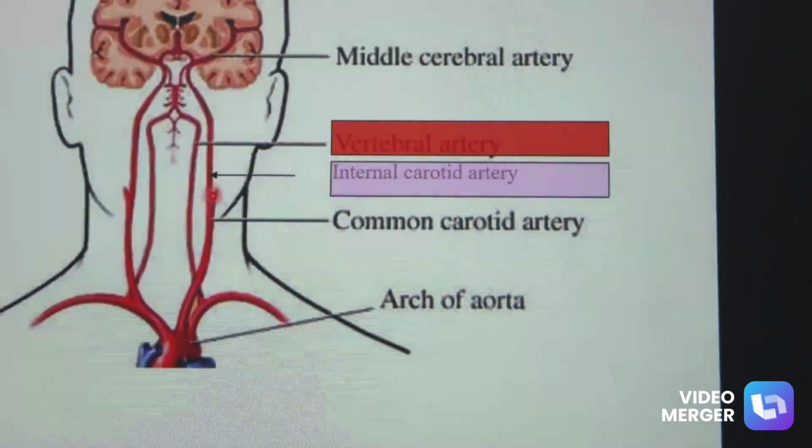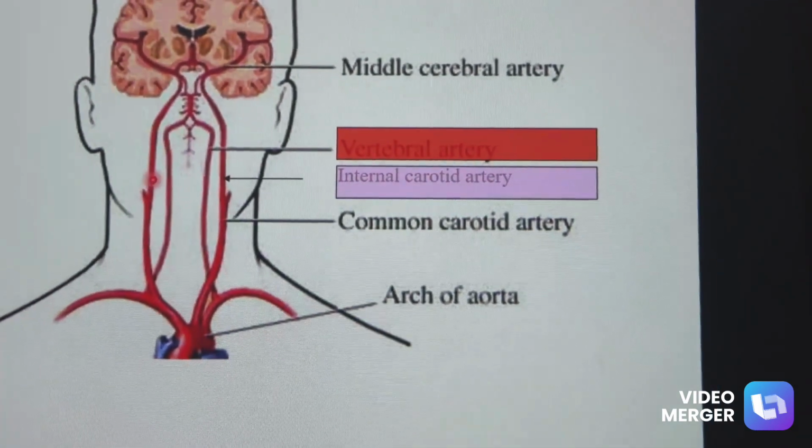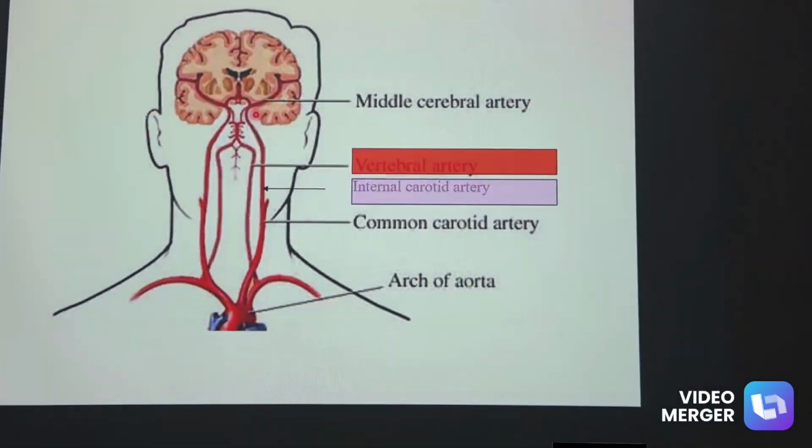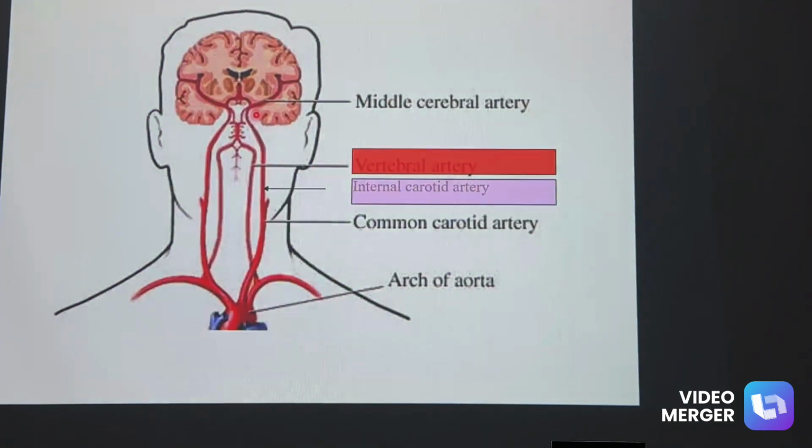The bifurcation of the common carotid artery gives the origin of the internal carotid artery on the left and right, which is the main constituent of the anterior and middle brain arterial blood supply.